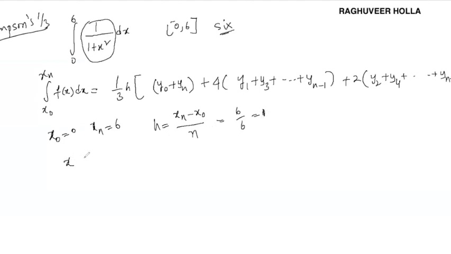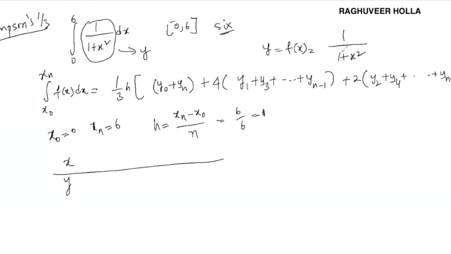We'll write the following table corresponding to x and y, where y is 1 by 1 plus x square. For x naught as 0, you substitute it here: 1 by 1 plus 0, which is 1. Please complete it quickly.